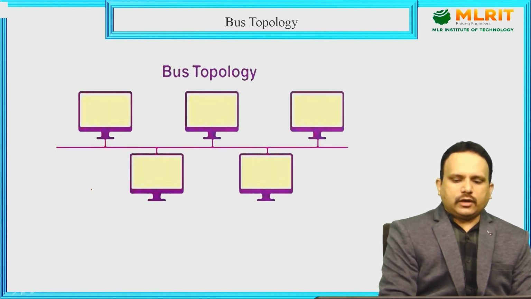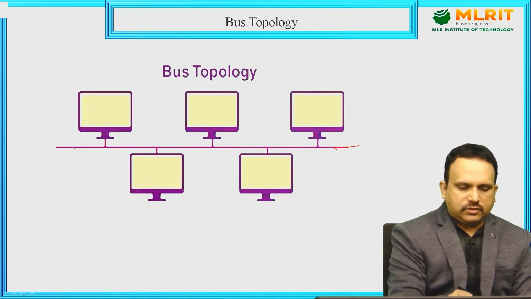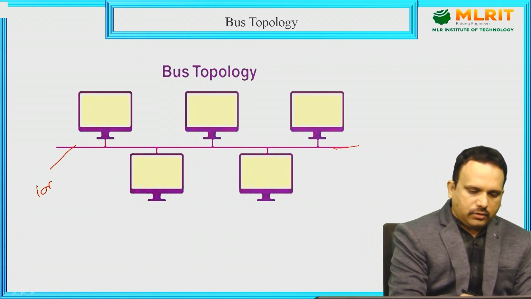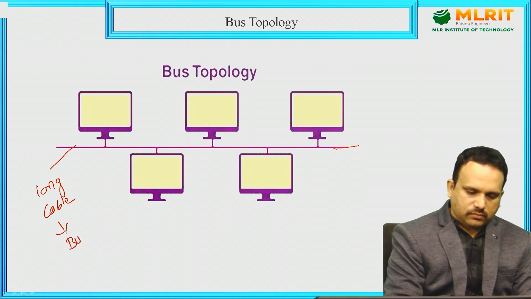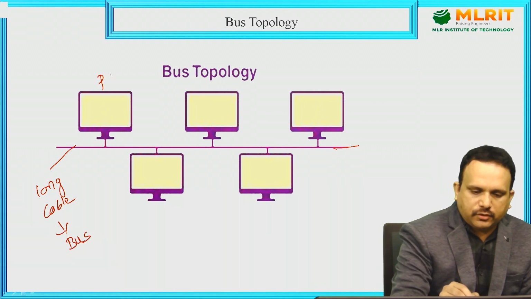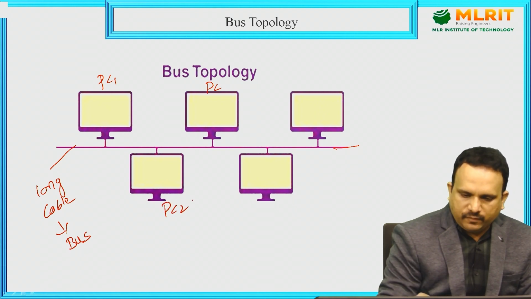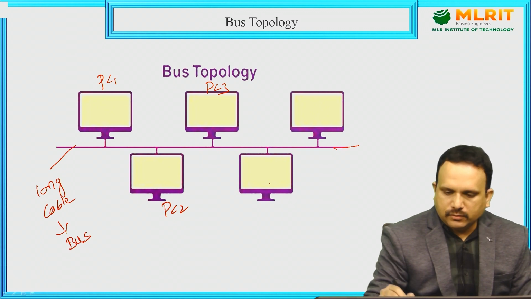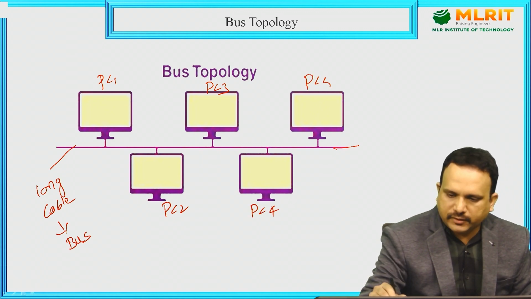Here all the computers are arranged through a long cable. This is a long cable, and this is known as the bus. All the systems, for example, this is personal computer 1, personal computer 2, personal computer 3, personal computer 4, personal computer 5.